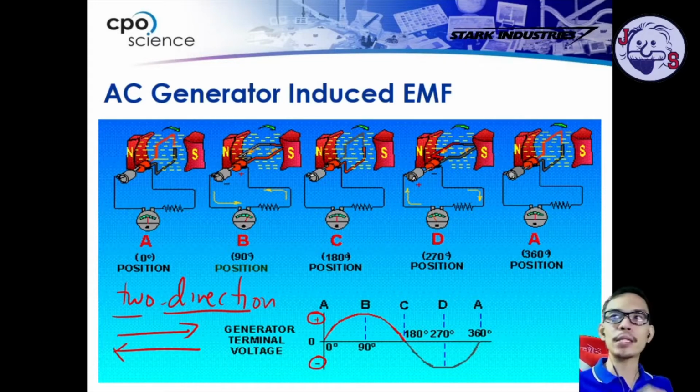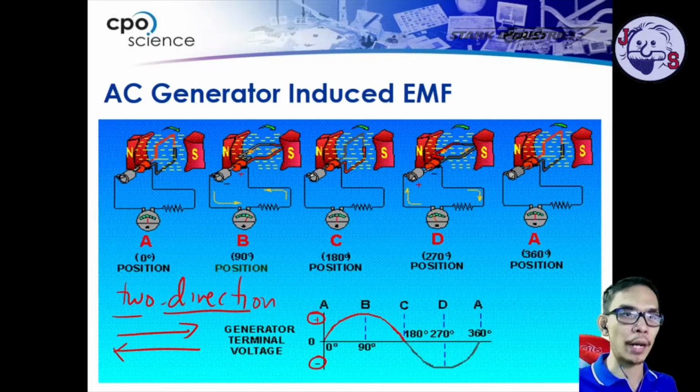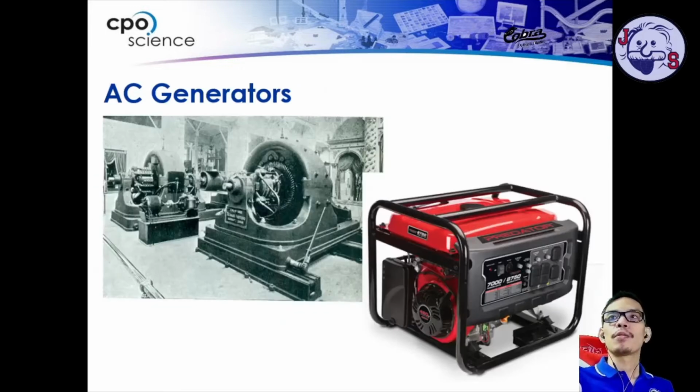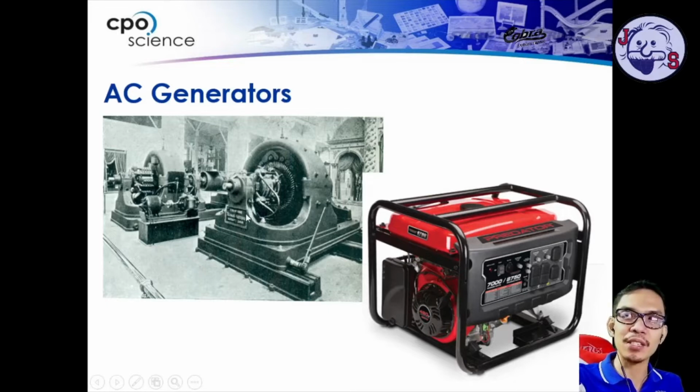That is the alternating current, and this is the graphical representation of it. An alternating current looks like that. AC generators have different variants, as big as this or as portable as this.